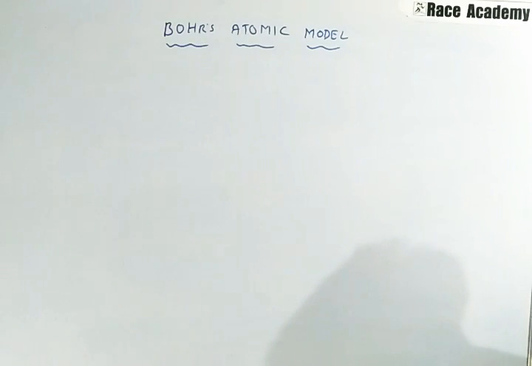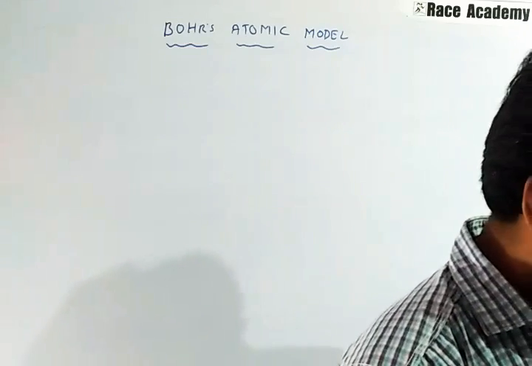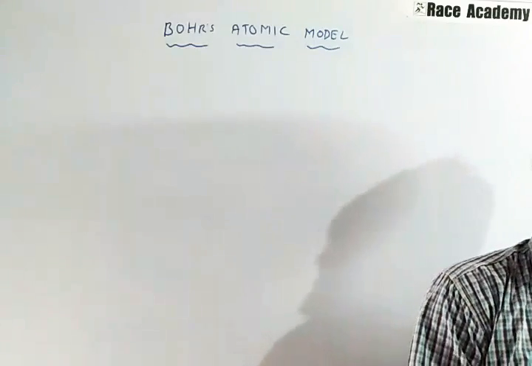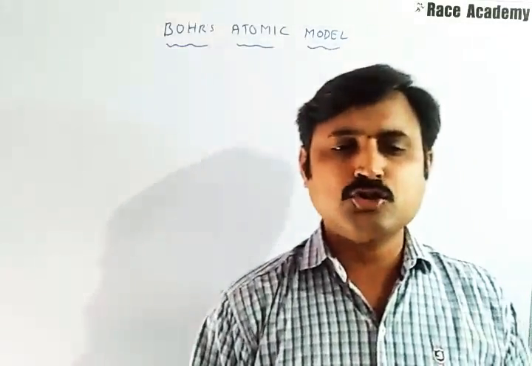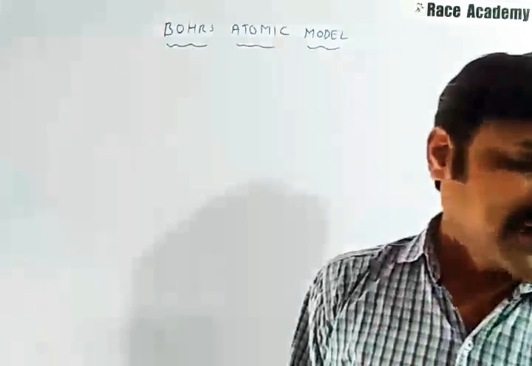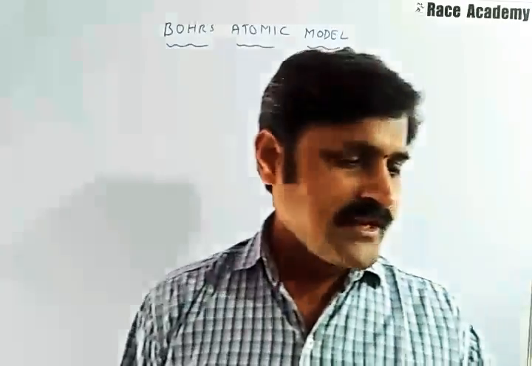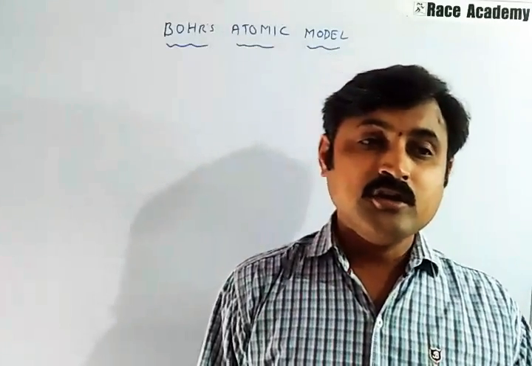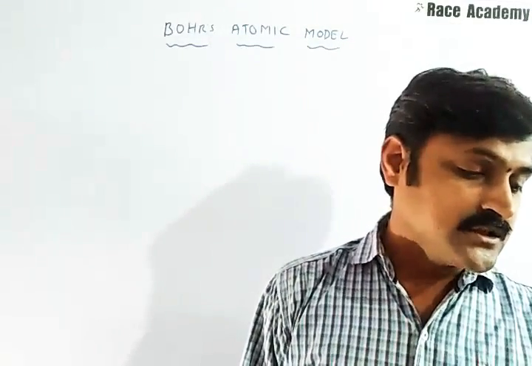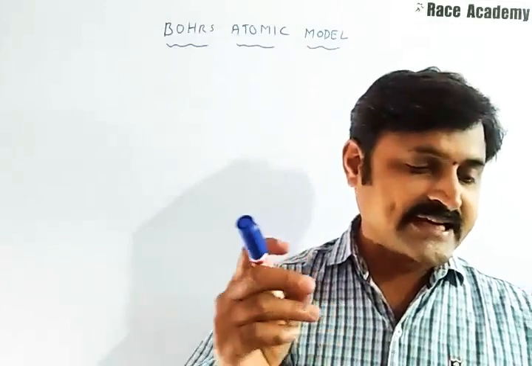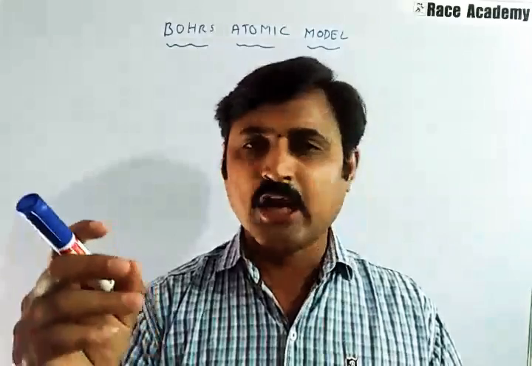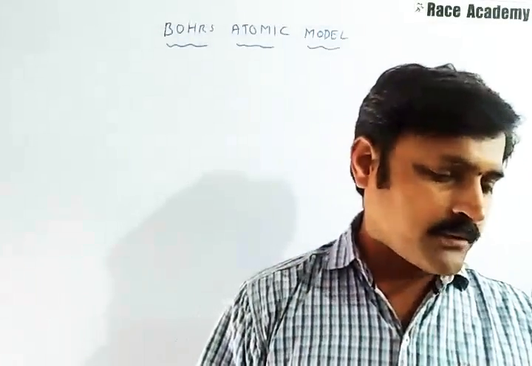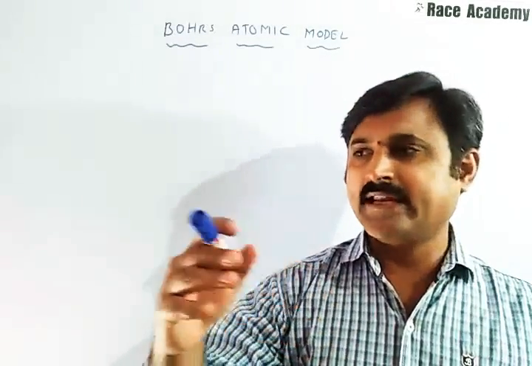In Bohr's quantum mechanical model of the atom, we have some advancements. An atom consists of a dense nucleus situated at the center, with the electrons revolving around in circular orbits without emitting any energy.